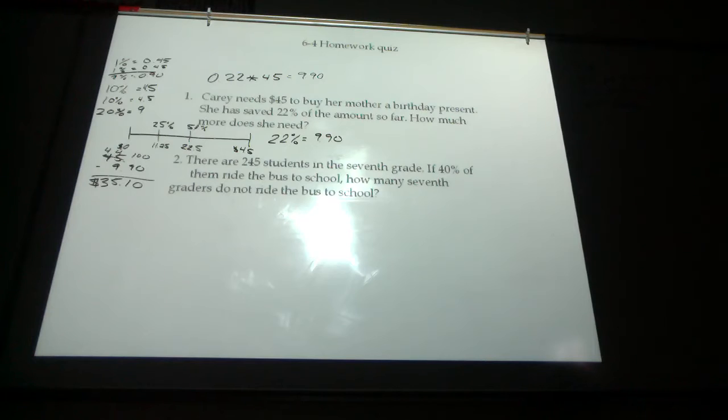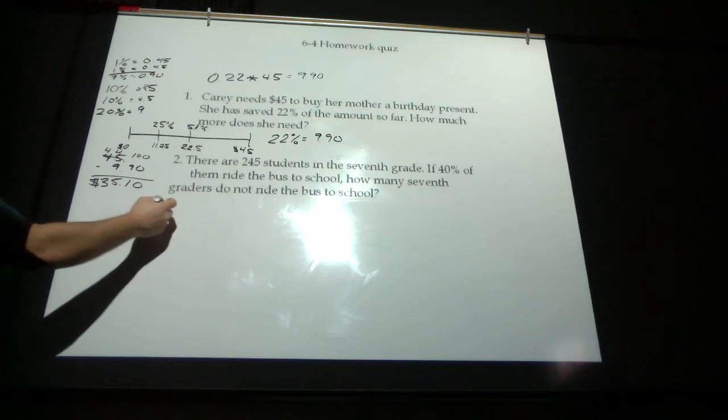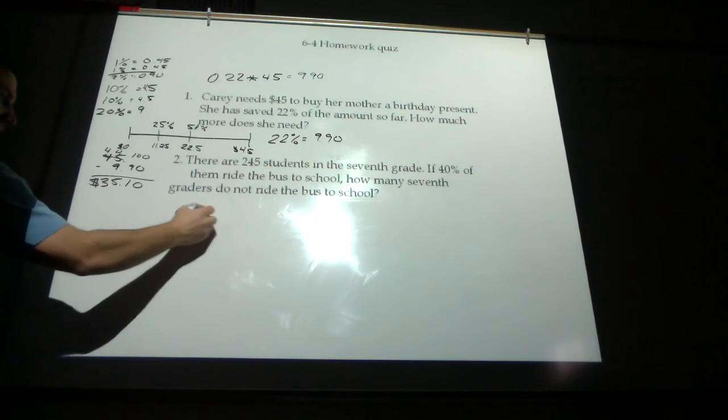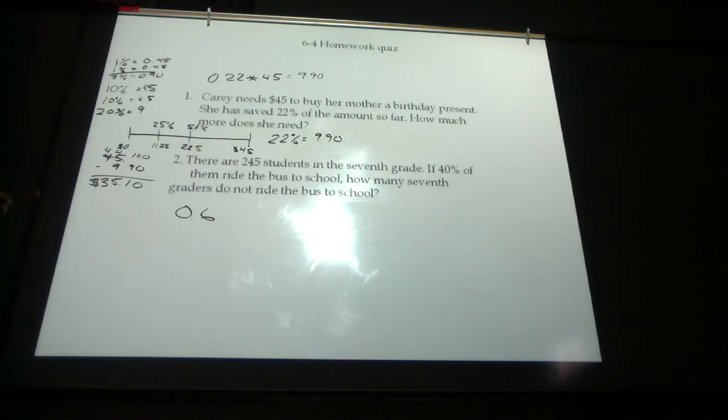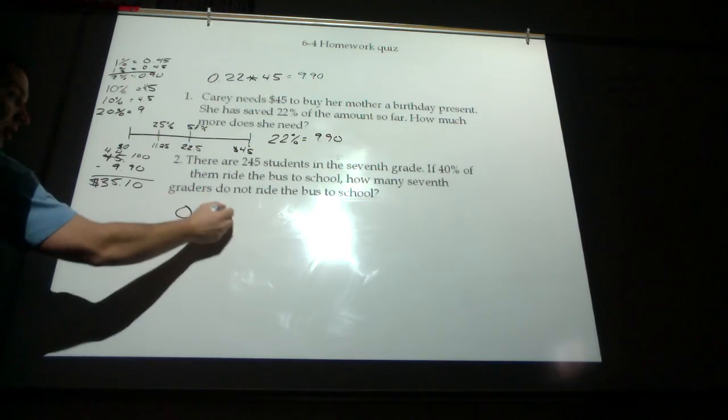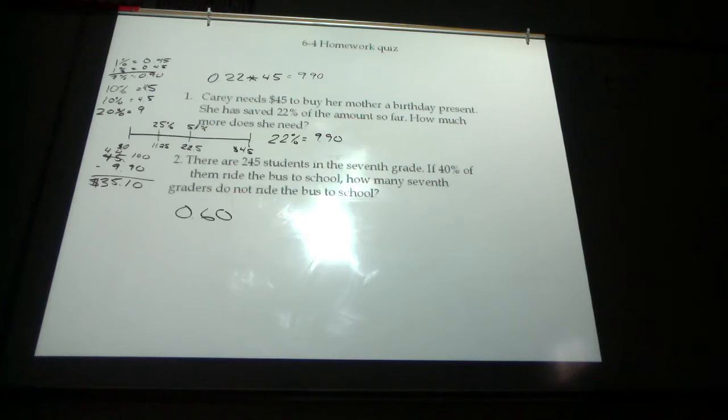60% of 245. What's the decimal we need to use for 60%? Yep. Thank you. That's 60%. It's not 6%. It is 60%. That's 6/10. If we add a 0 to it, now it becomes 60/100.